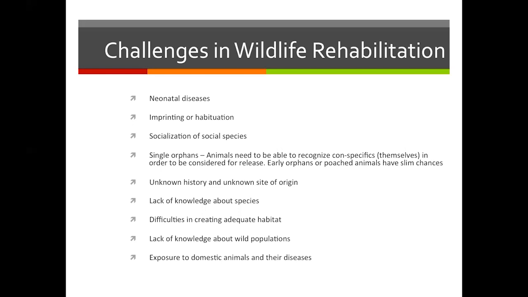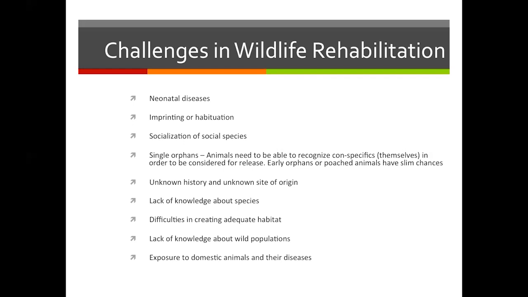So a challenge is to be able to socialize the species that require socialization, which makes it a big problem to have single orphans, especially of species that are social, because they need to have that companionship in their growing up.